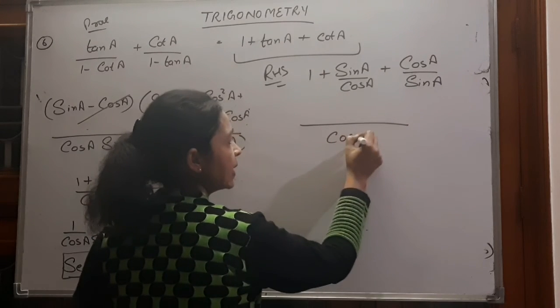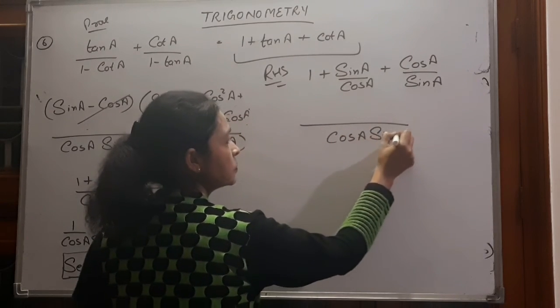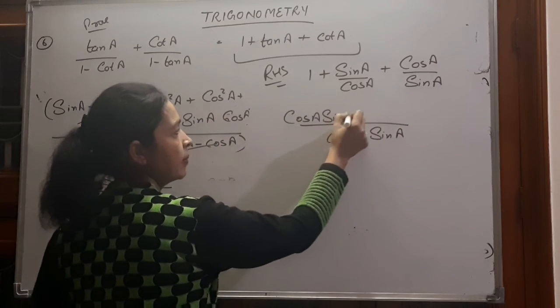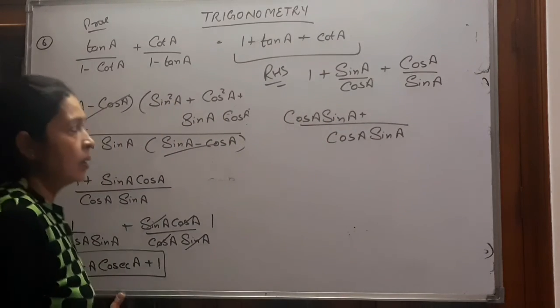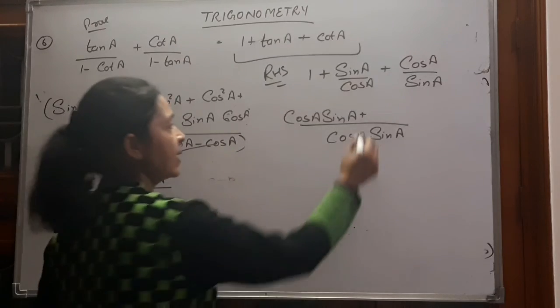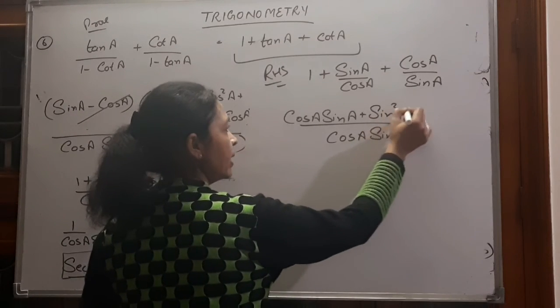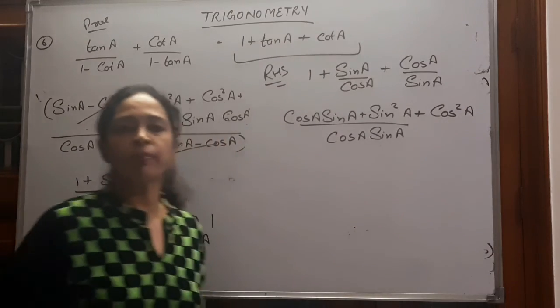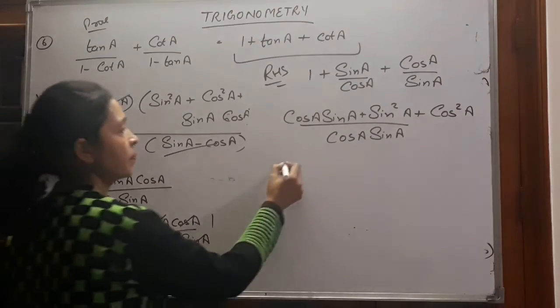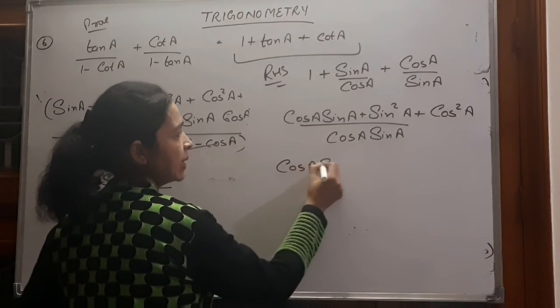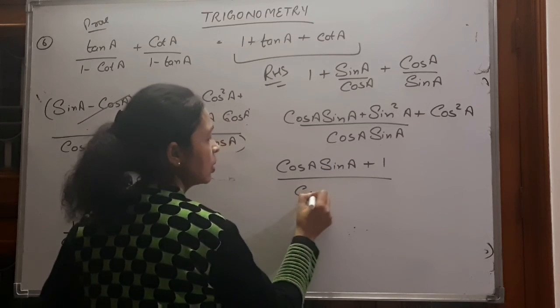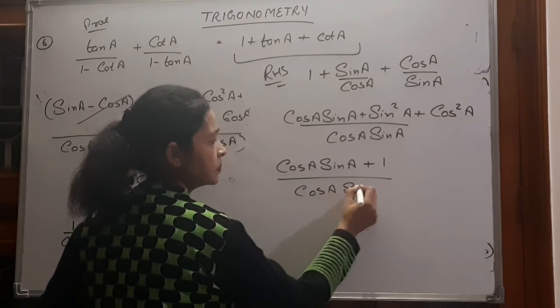LCM is cos a sin a. We have cos a sin a plus, in the numerator, sin a into sin a, sin square a, plus here we have cos square a. And what is sin square a plus cos square a? 1. We have cos a sin a plus 1 upon cos a sin a.